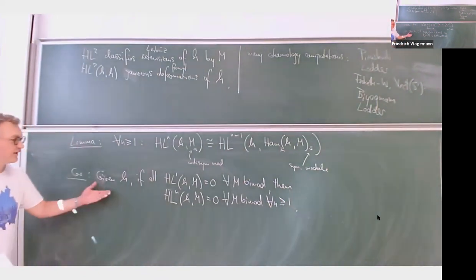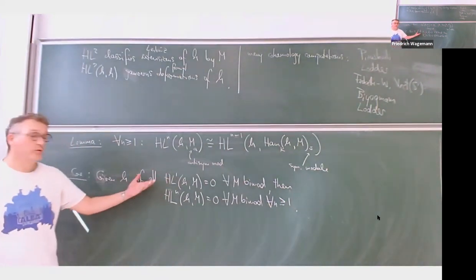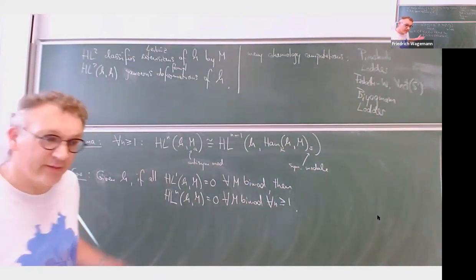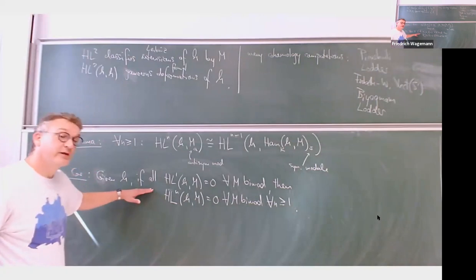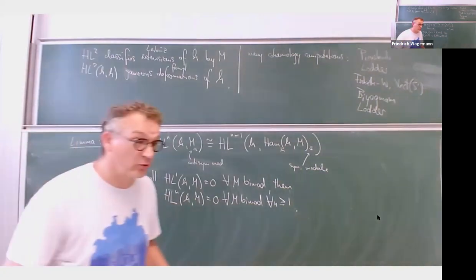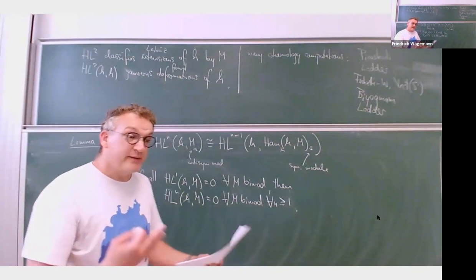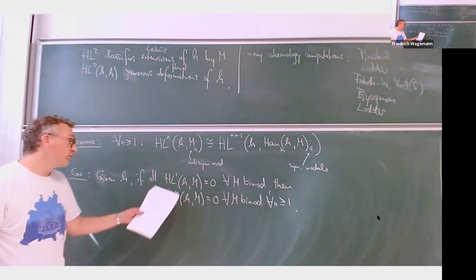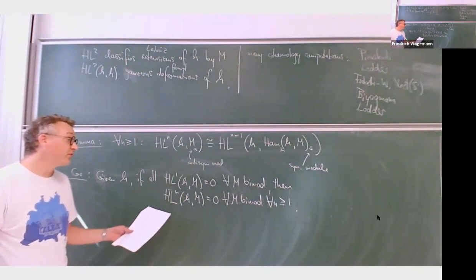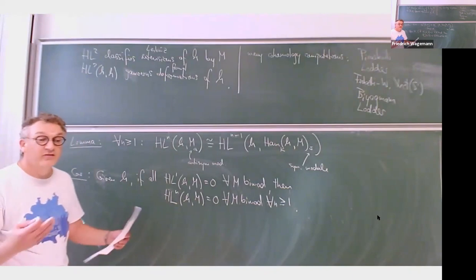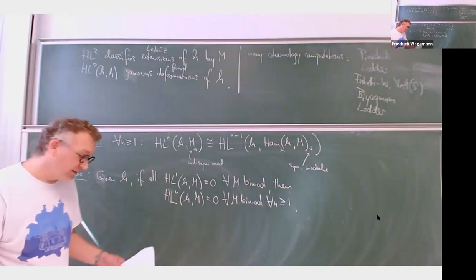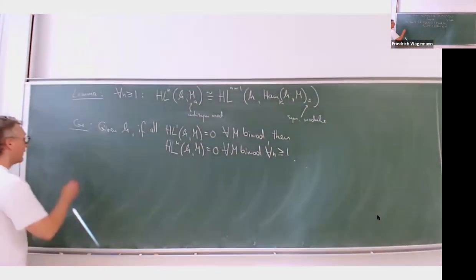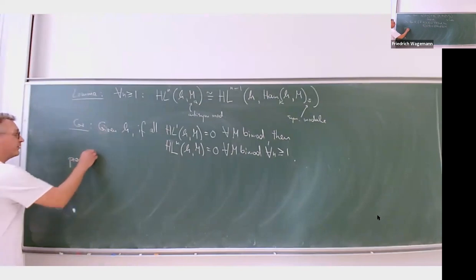So in some sense, it is HL^1 which governs all the cohomology. And this corollary is also true for Hochschild cohomology. So there is some deep resemblance between Hochschild cohomology and Leibniz cohomology, in the sense that it is based on the tensor complex.